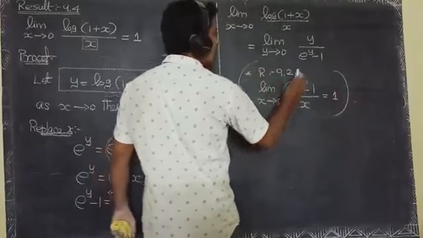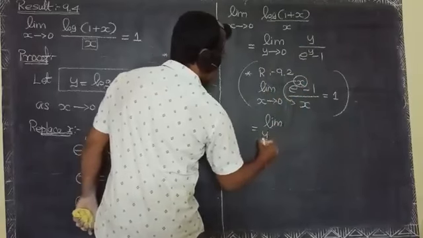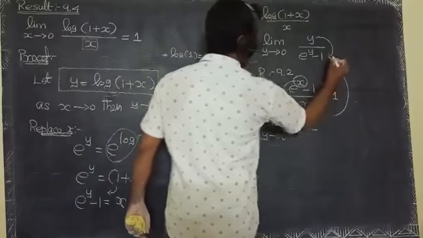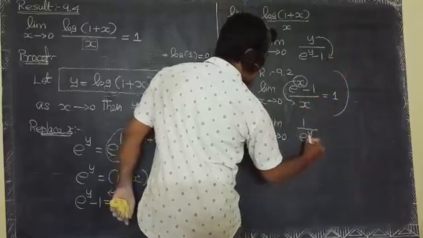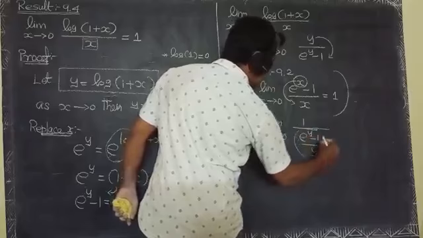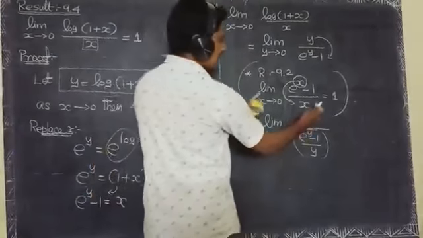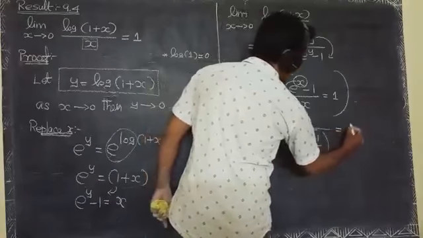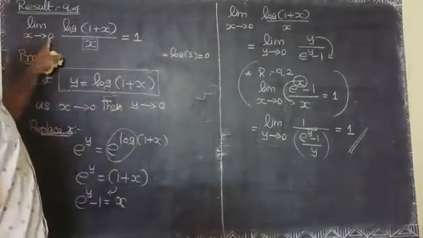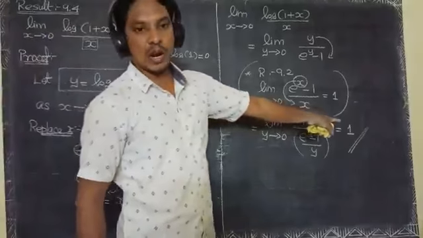Using this property, limit y approaches 0 of 1 divided by e power y minus 1 divided by y, the resultant is equal to 1. Therefore, limit x approaches 0 of log of 1 plus x divided by x is equal to 1. Hence proved.